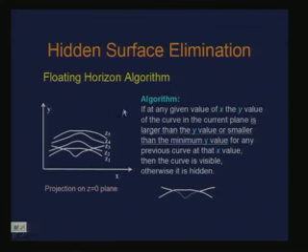So, in a sense, what we are looking at is some sort of a horizon, which is defined for the y values, which you keep shifting. This minimum y value is some sort of a horizon which keeps floating, and then you always compare to that horizon. So, that is why it is also called floating horizon.